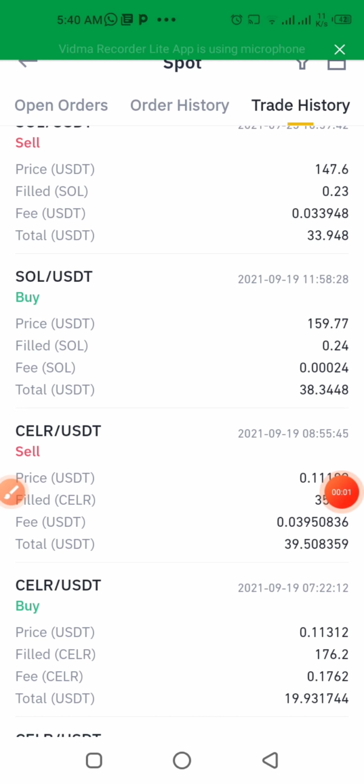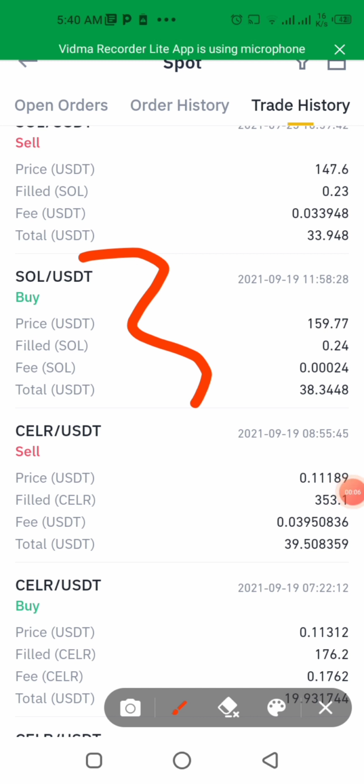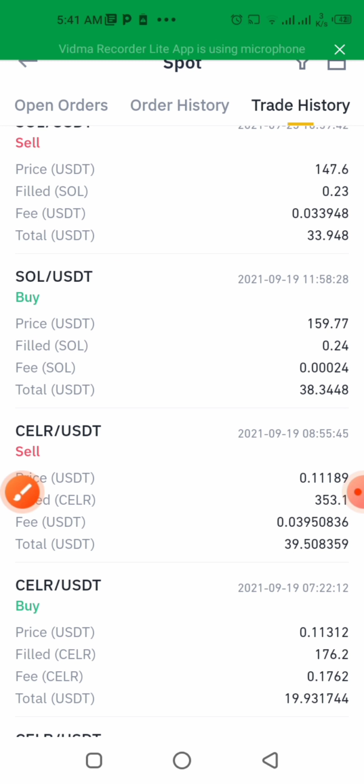We're going to use this SOL that the robot bought for me here as a case study, so I can show you how to calculate your take profits, and also so you can know the price to set using your limit order, assuming the robot bought a coin and failed to sell it. So let's go and do it now. Let's do some kind of practical. But let's write this out first.